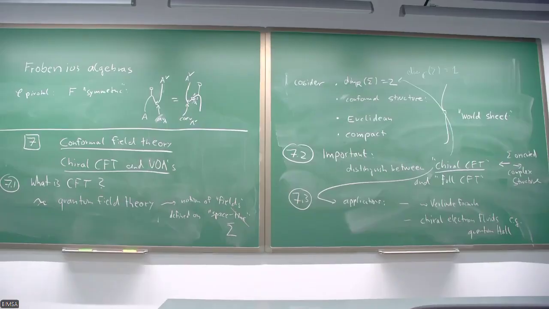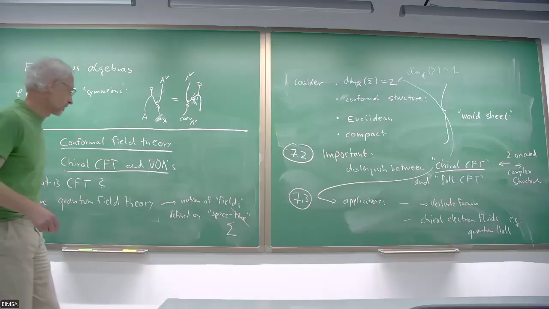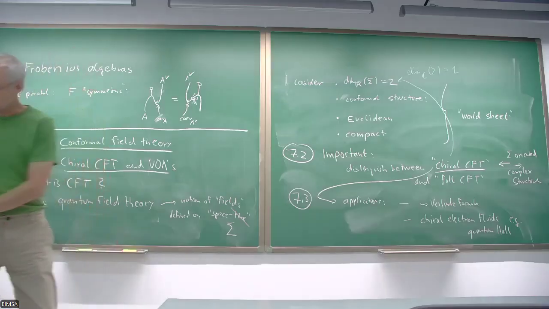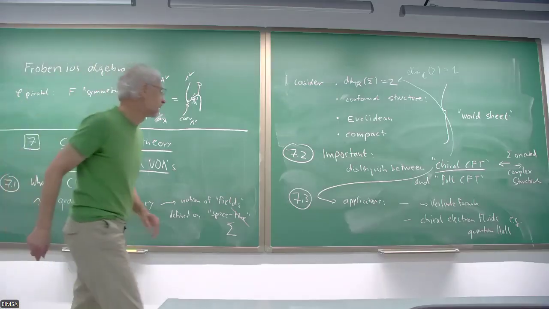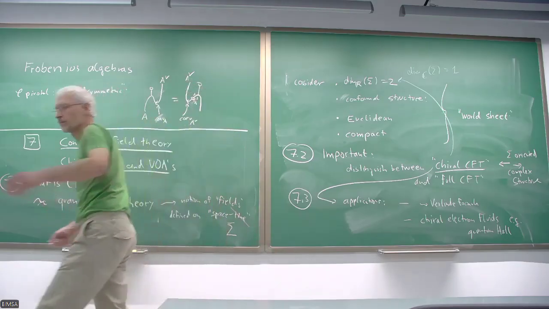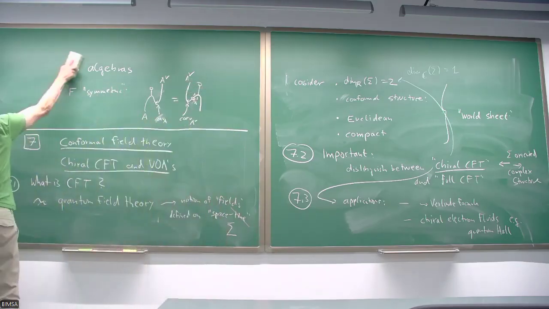But as we will see, if we really want to talk about a quantum field theory in the traditional meaning of quantum field theory, then it will be full conformal field theory. But as I said, now we concentrate for some time on the chiral case.